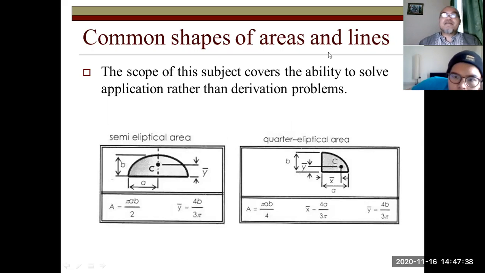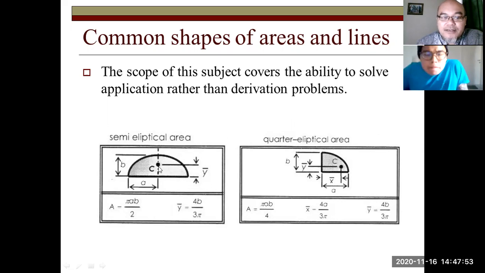If we have a semi-elliptical area, an ellipse is basically when the horizontal and vertical axes are different. So the x component will be at the middle, of course, while the y, or the height of the centroid, equals 4 times b, where b is the shorter axis, divided by 3 pi.